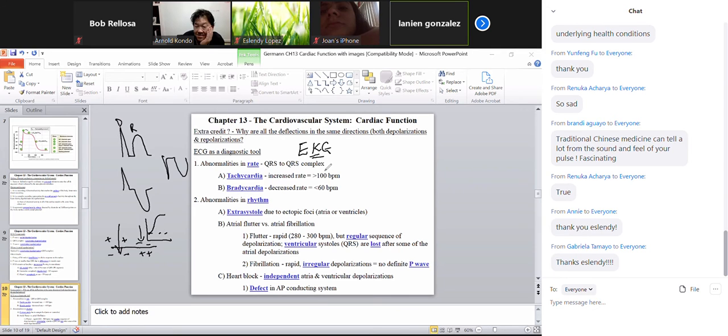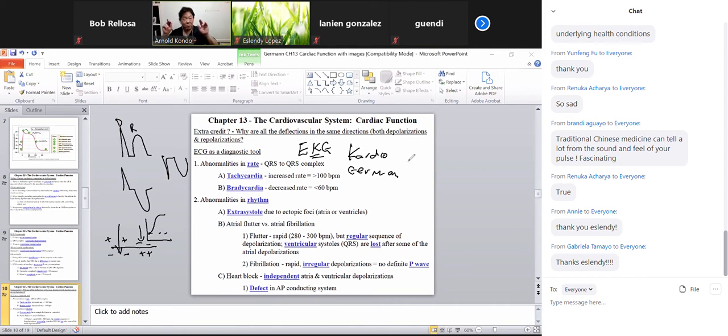Cardio is German. Yeah. If you ever watched medical shows back in the 70s and 80s, like some of the old classic ones I watched, they never called it ECG, always EKG, because cardio is K in German.